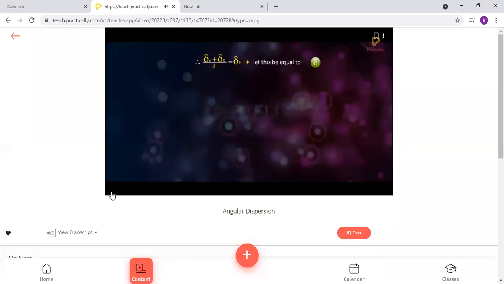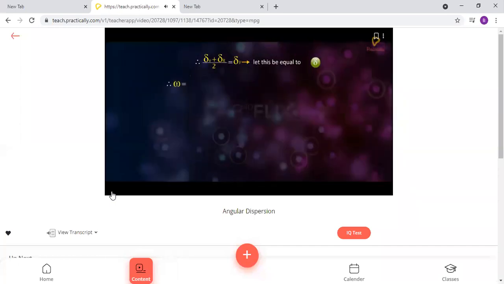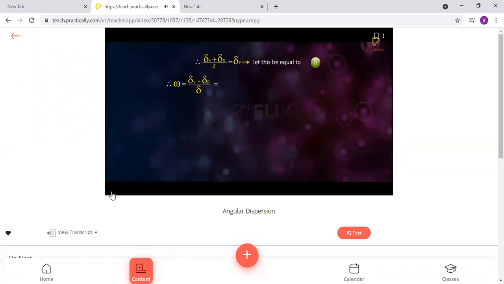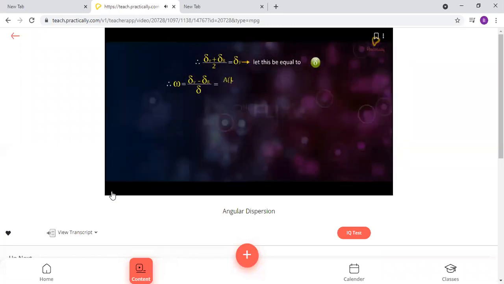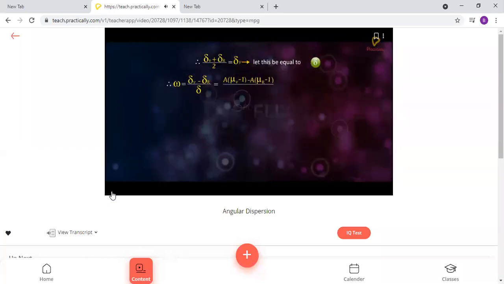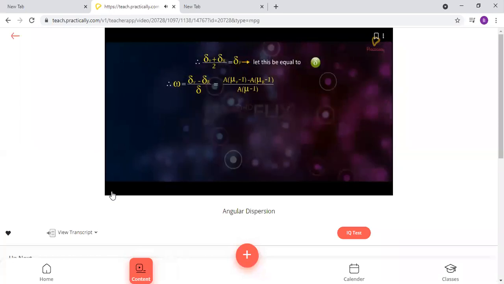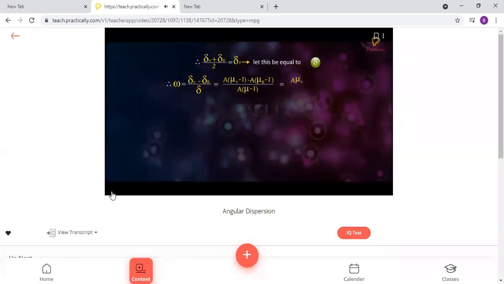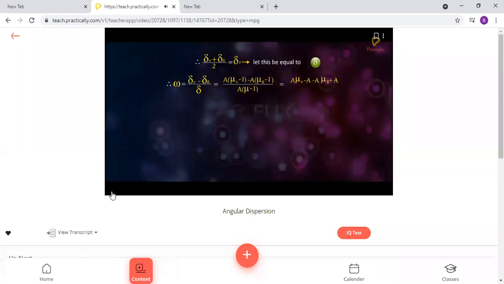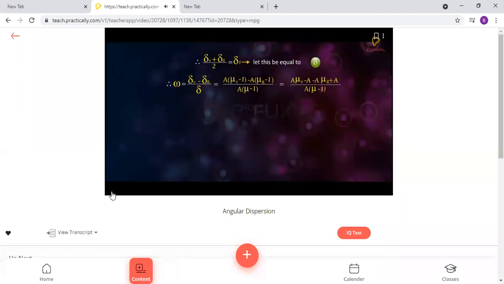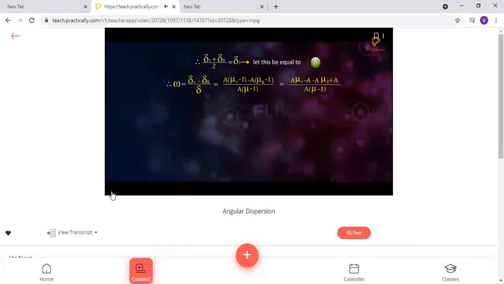Then, omega is equal to delta V minus delta R divided by delta, which is equal to A into mu V minus 1 minus A into mu R minus 1 divided by A into mu minus 1, which is equal to A mu V minus A mu R plus A divided by A into mu minus 1.